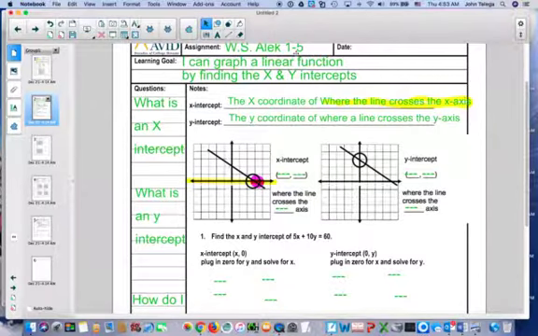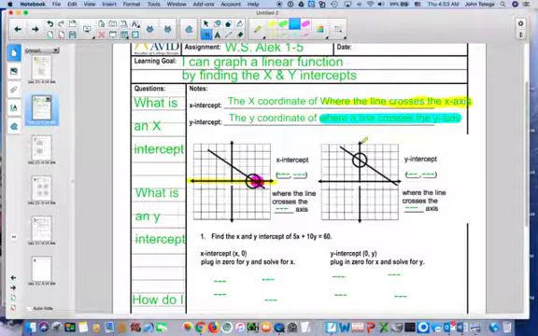Okay, so now we're going to look at where the line crosses the y-axis. So here is the y-axis. And this spot right here is where this line crosses the y-axis. So that's the y-intercept, okay?